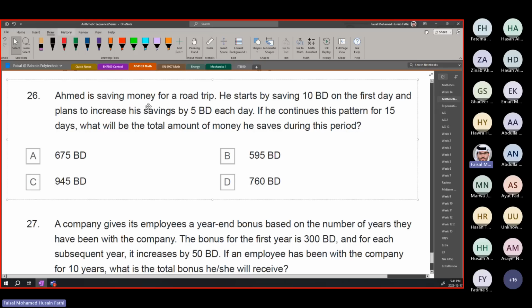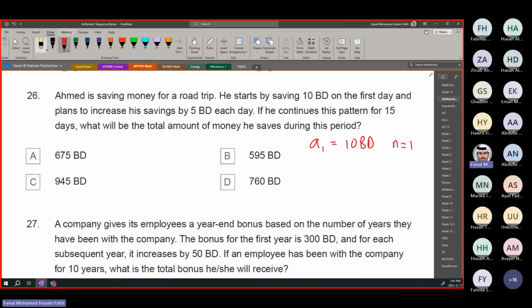So let us start with this problem. Ahmed is saving money for a road trip. He starts by saving 10 BD on the first day. First day. What does that mean? Our A1 is 10 BD. This is when n is equal to 1, the first day. And he plans to increase. What does increase mean?